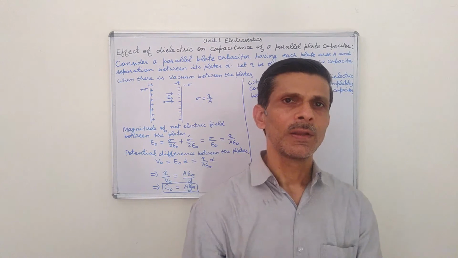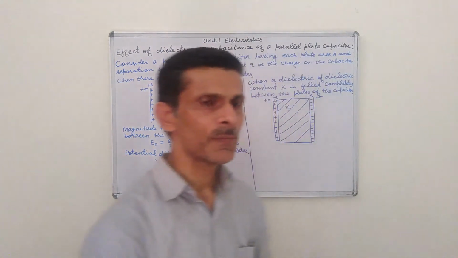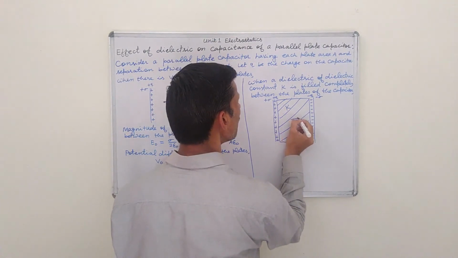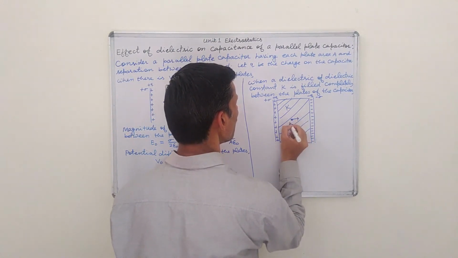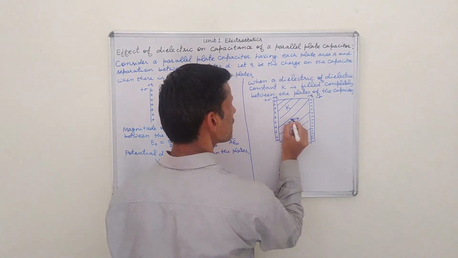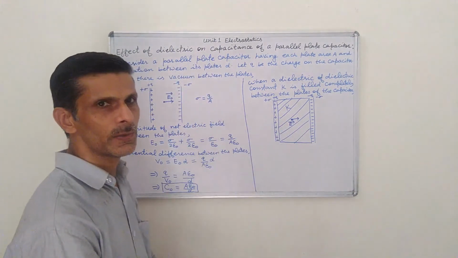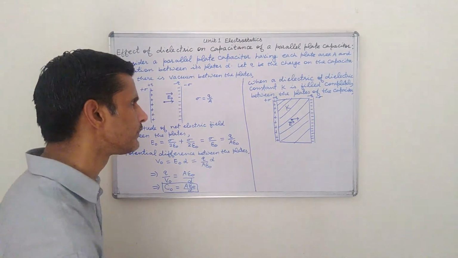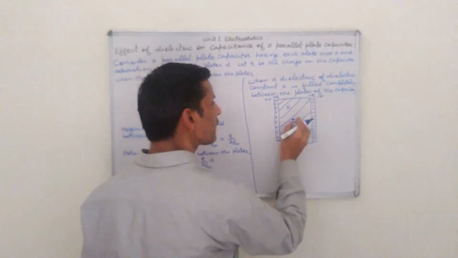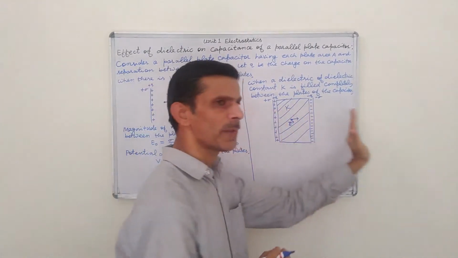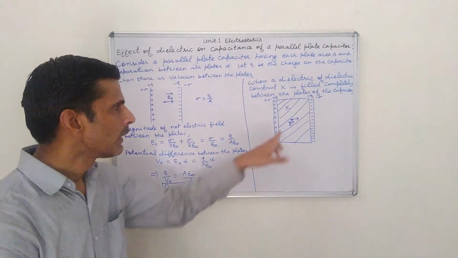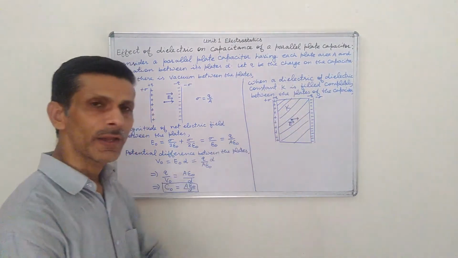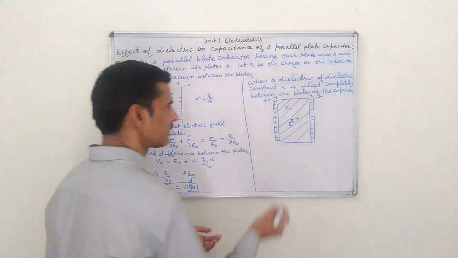So net electric field it is reduced inside dielectric to E. Say at this point, net field it is E in presence of dielectric. This field it points in the direction of the external field and its magnitude is less than external electric field.